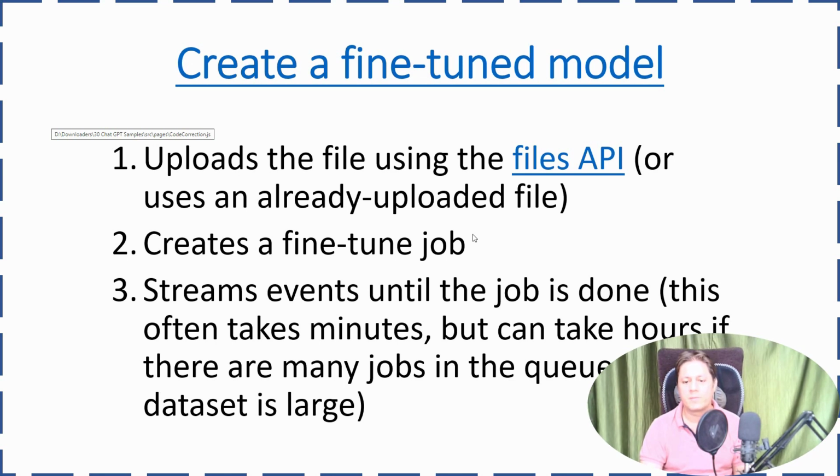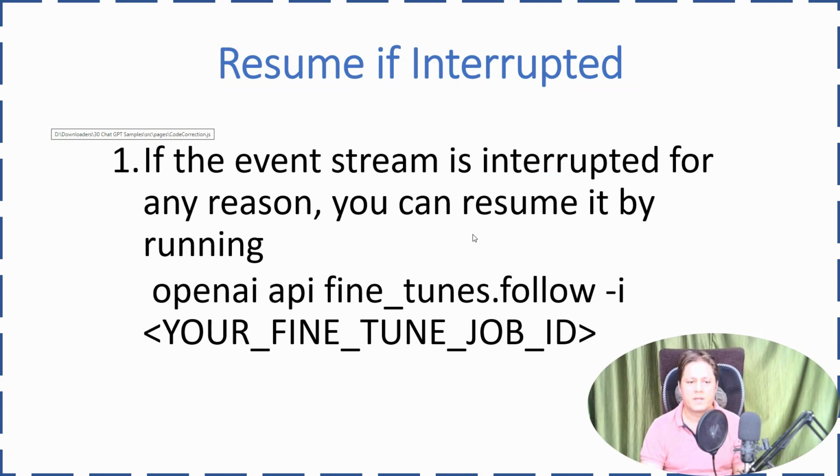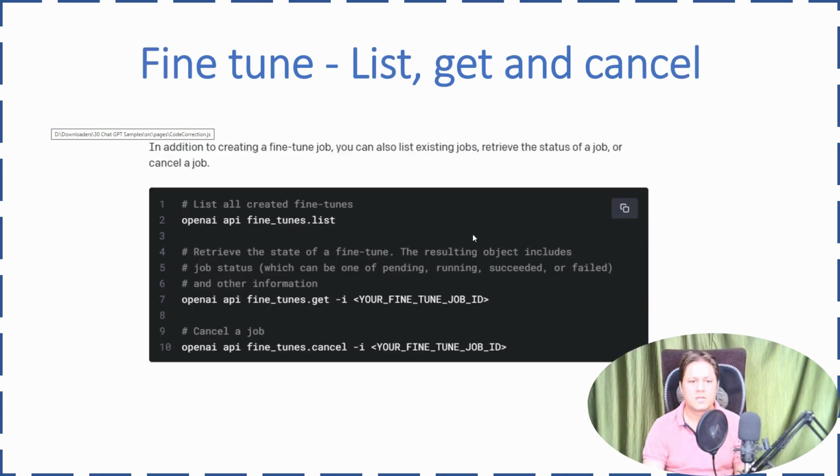Otherwise, because your file can be a maximum of 1 GB, it can sometimes take more time, and if the queue is bigger it will take more time. So you can follow up also. And if your system is interrupted for some reason, you can resume it by using this command, fine-tunes.follow, and passing in your job ID, and you can resume your task.